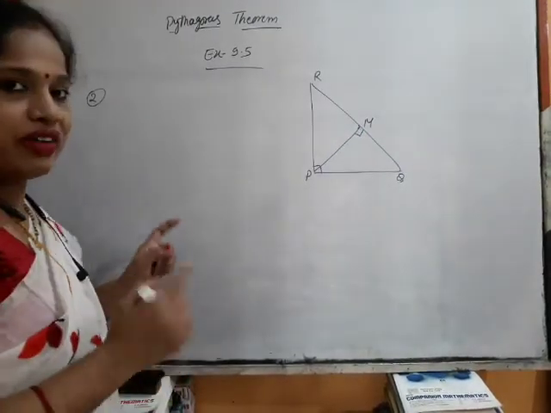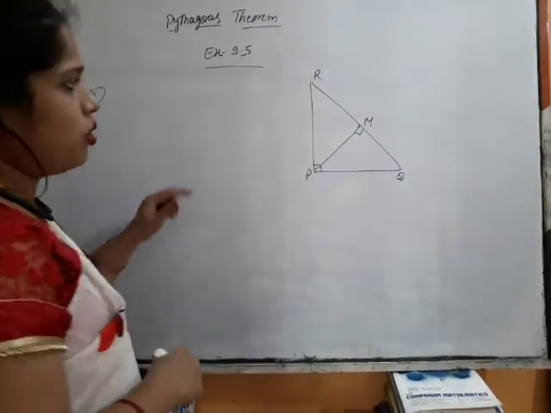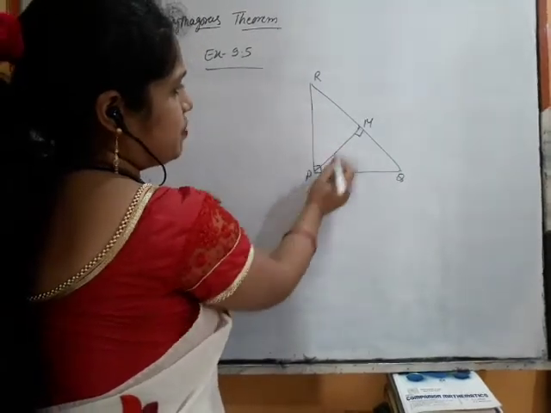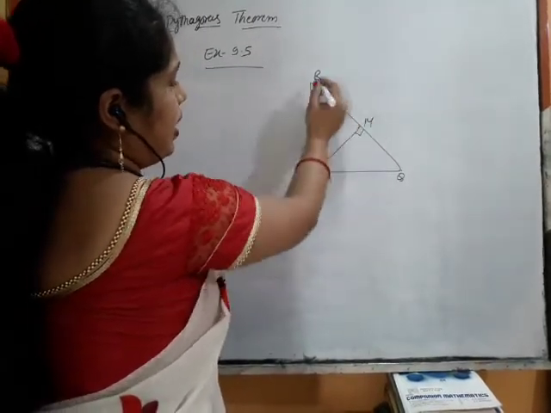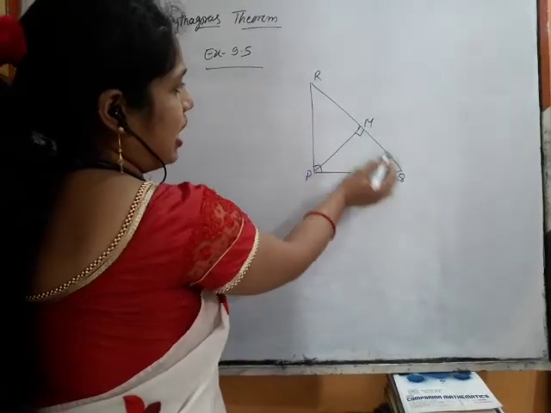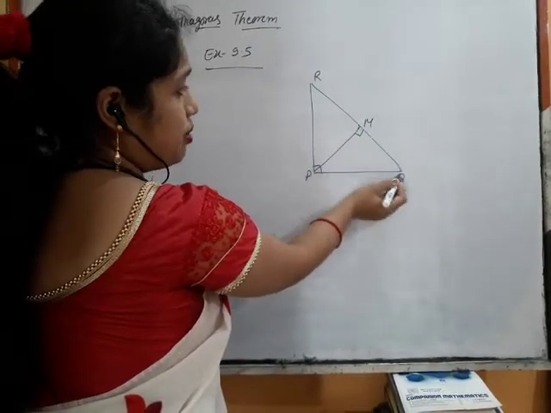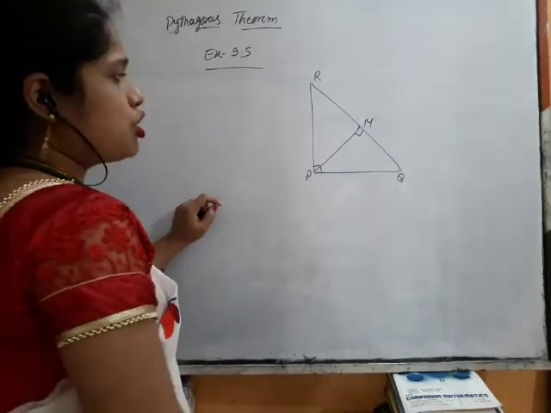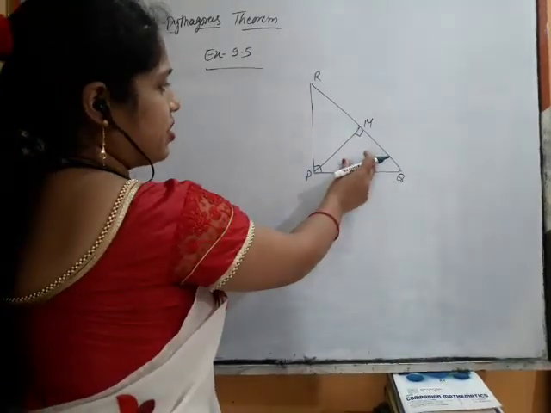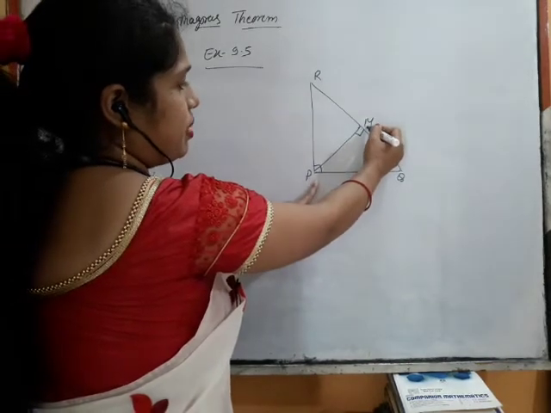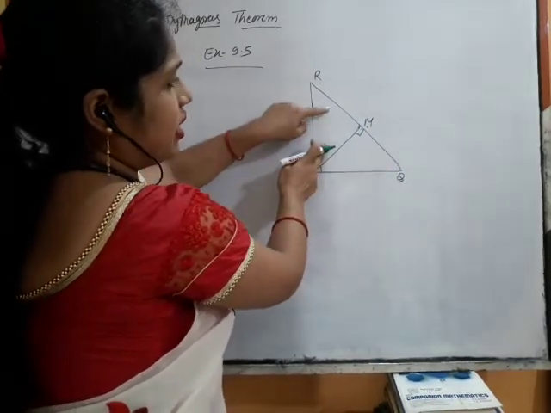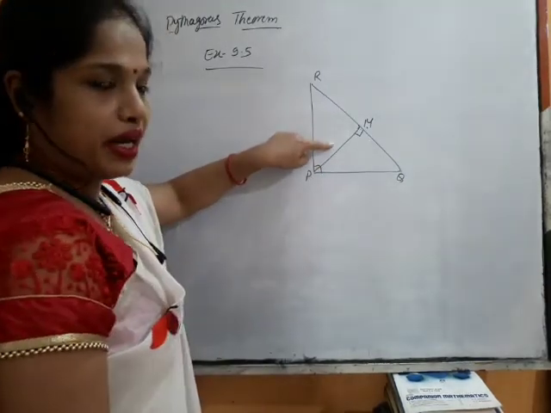So we will be using our theorem which we have discussed just now. So we have to consider both the triangles one by one, that is PMQ and PMR, so that one time we will get PM, MQ and MR, and both the times PM. In the first triangle PM will serve as the base, and the second time in this triangle it will serve as perpendicular.